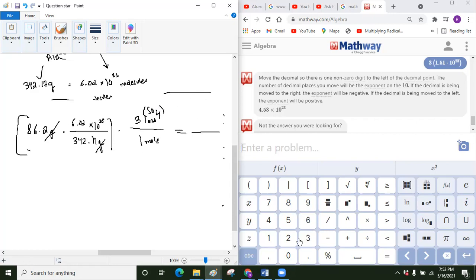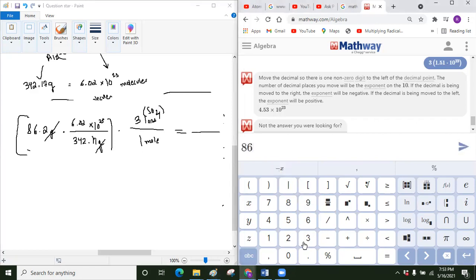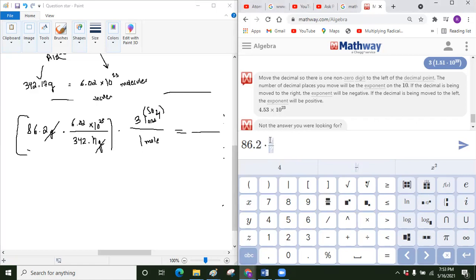If you were to do this in your calculator, you do 86.2 multiplied by Avogadro's number, 6.02 times 10 to the power 23. In your denominator, you would have your grams that eventually canceled, which would be 342, times 0.17, and then that would be multiplied by 3 divided by 1.